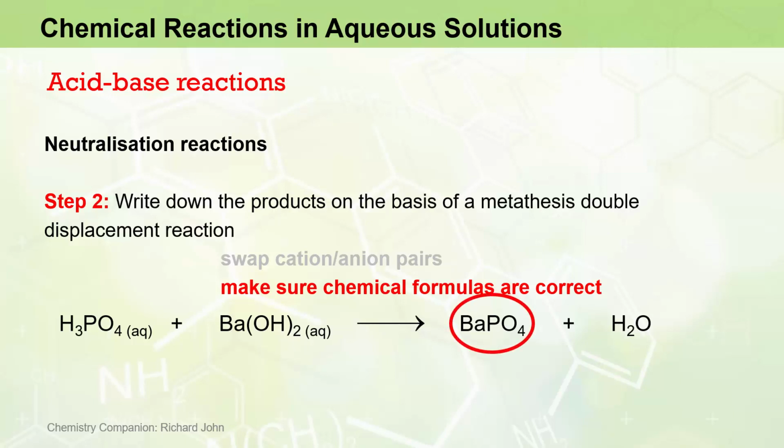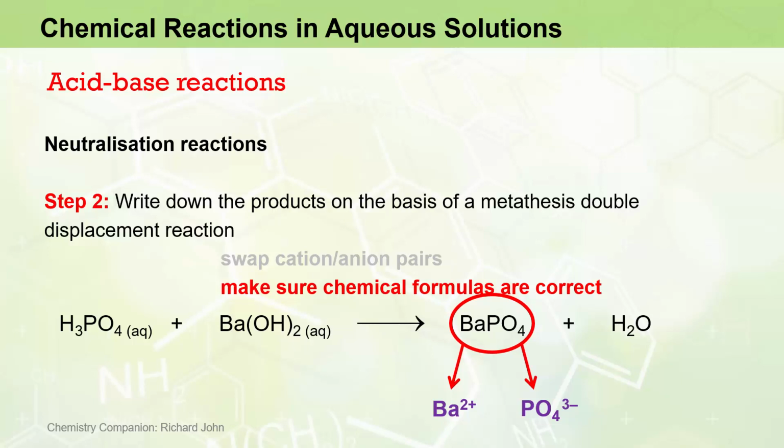In terms of this formula for barium phosphate, we've got to ask ourselves, is this the correct chemical formula for barium phosphate? Do barium ions and phosphate ions come together in a 1-to-1 ratio like this? Well, we know the barium ion is a 2+ ion because barium is a group 2 metal, and the phosphate ion is a polyatomic ion with a 3- charge.